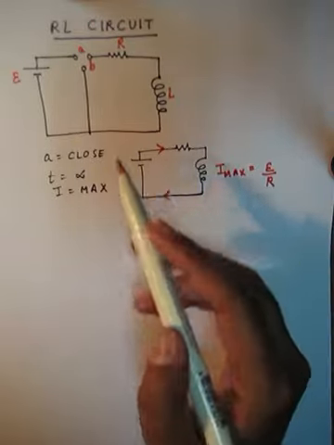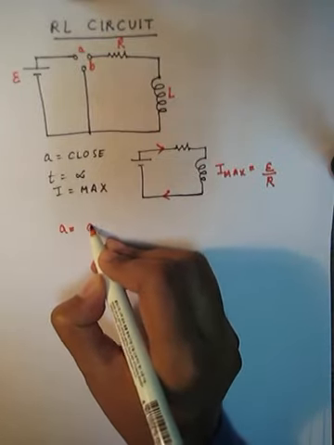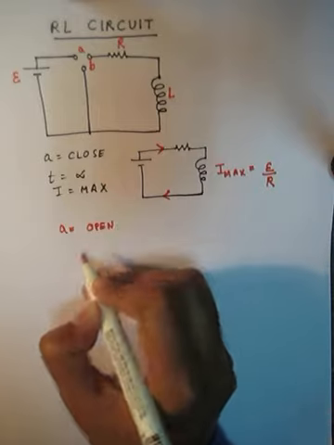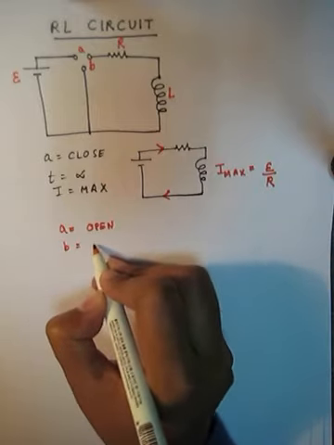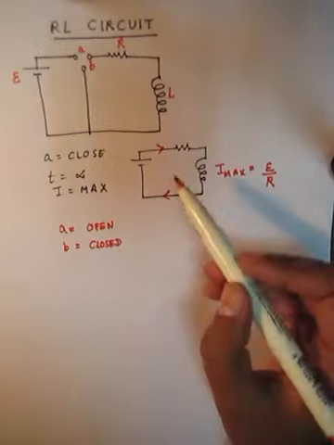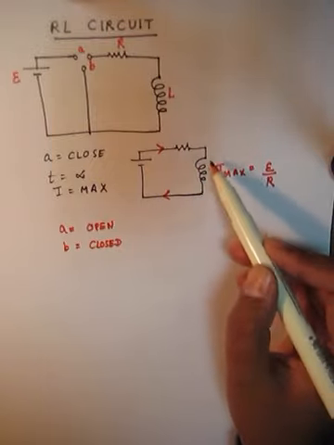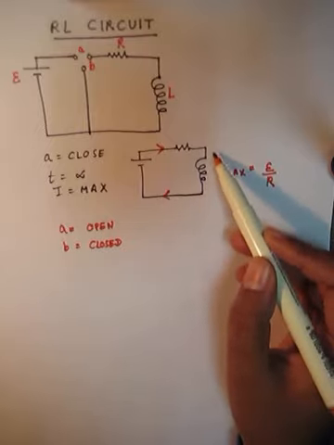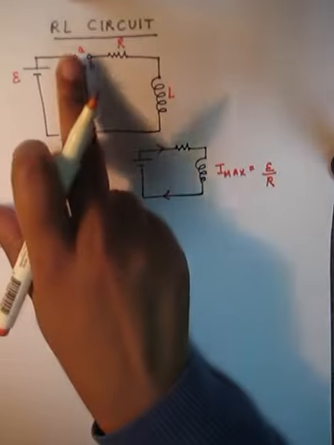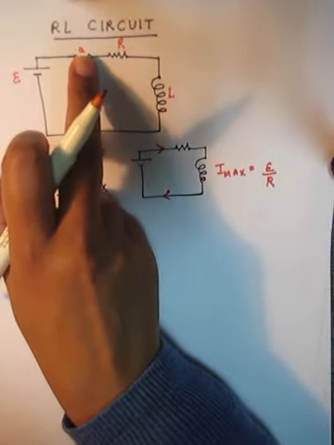Now what we are going to do is open switch A and close switch B. So it means that when the inductor is charged, when the maximum current is flowing through it, we now open this switch and close this switch.